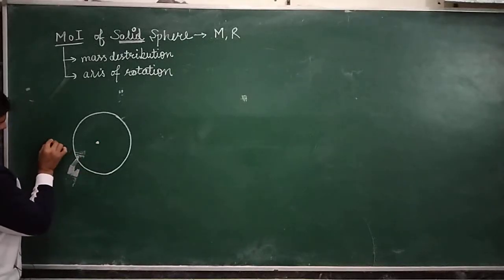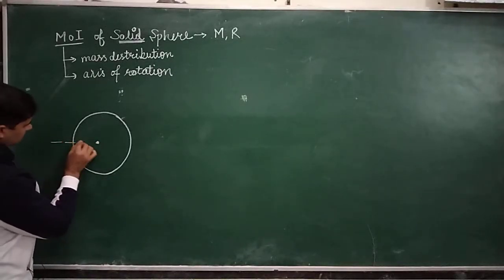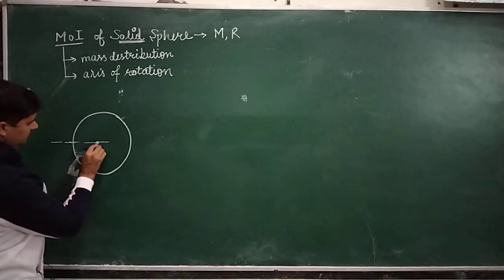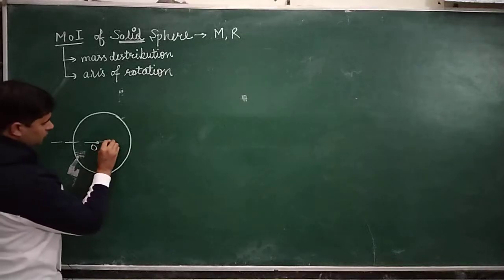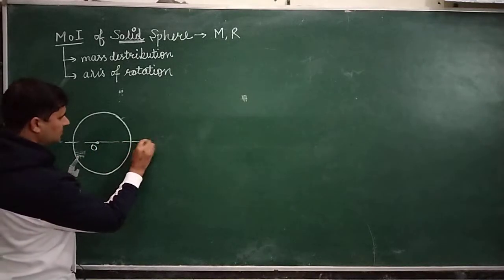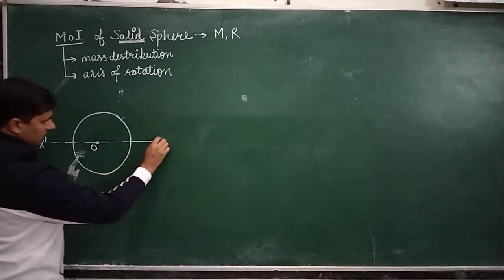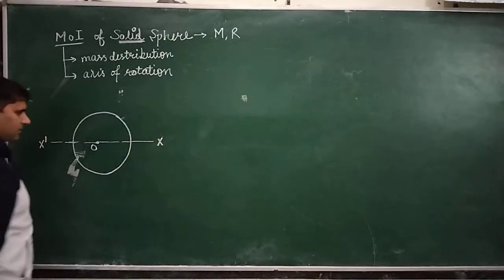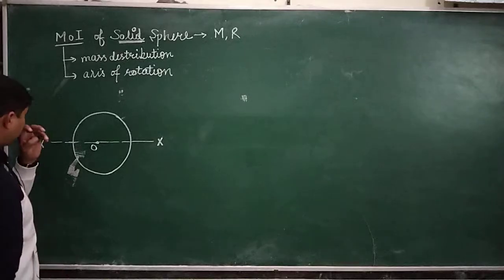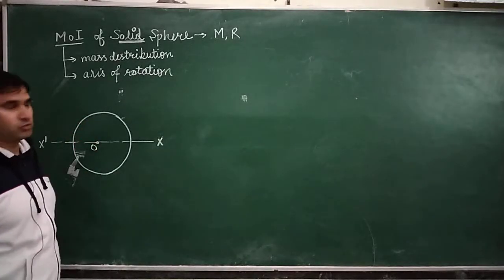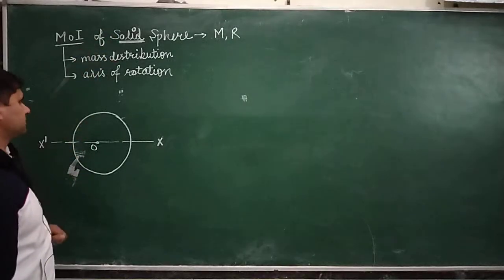And we have an axis which is passing through its center, and this center O is also the center of mass. We are to find the moment of inertia about this axis, the x-axis. We assume that the mass is uniformly distributed in this solid sphere.